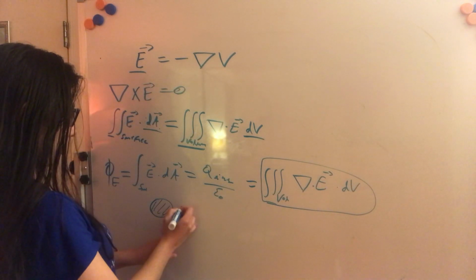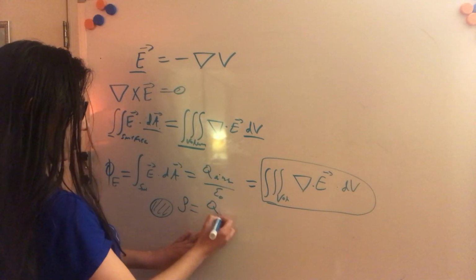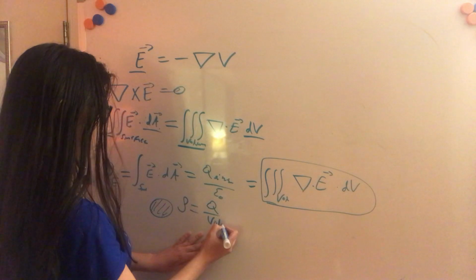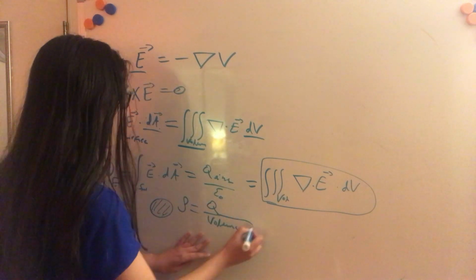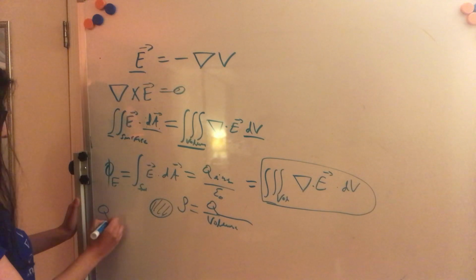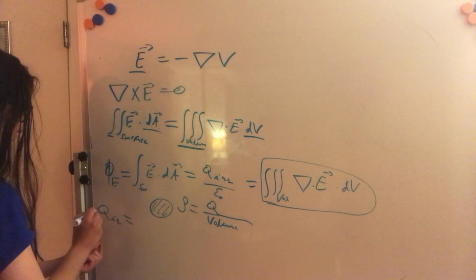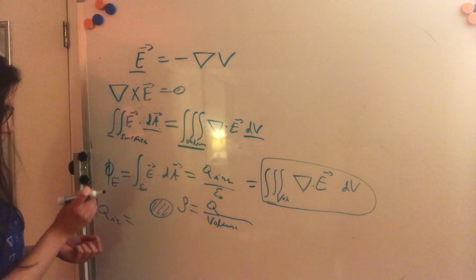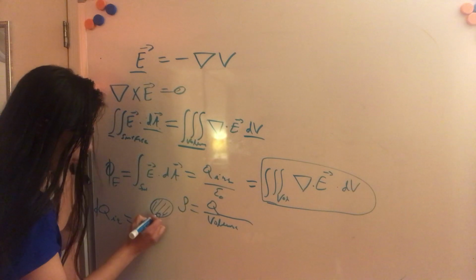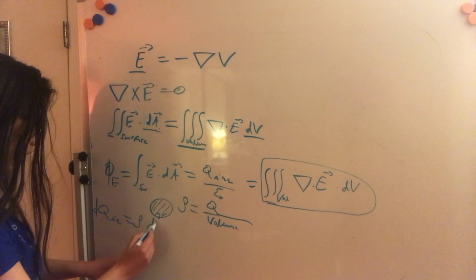Now we have, could be a sphere or whatever shape we have. If we have a charge density rho, this charge density is the charge inside divided by the volume. So the charge inside would be, let's say the dq, that is the infinitesimal amount of charge that we have in an infinitesimal volume, is just the charge density times dV.